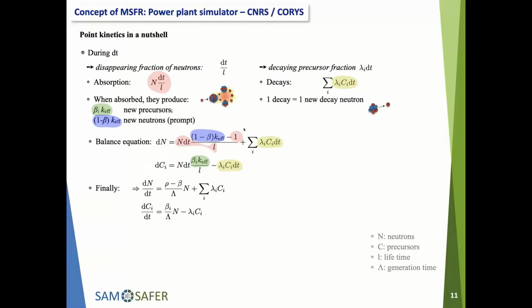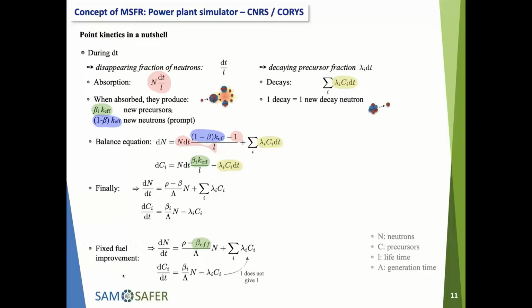I don't know if you can see my pointer. Yes? Okay. So here we have the absorption term. Here we have the prompt neutron production, the delayed neutron production here, and the precursor decay term and source term here. And finally, if we rearrange those equations, we obtain the classic point kinetic equations.